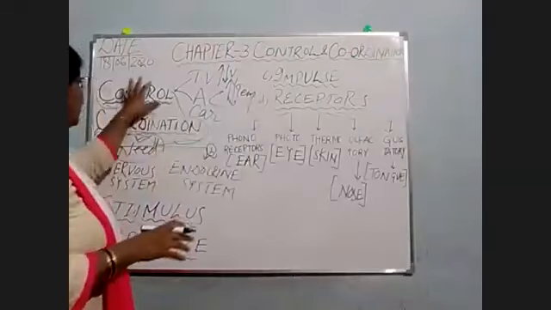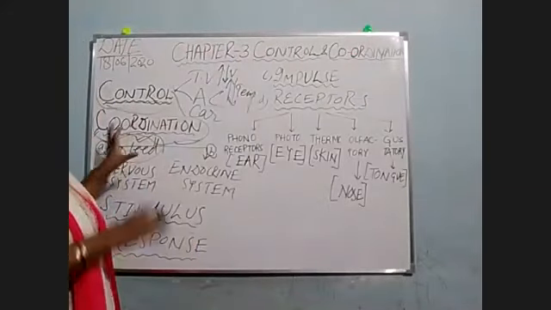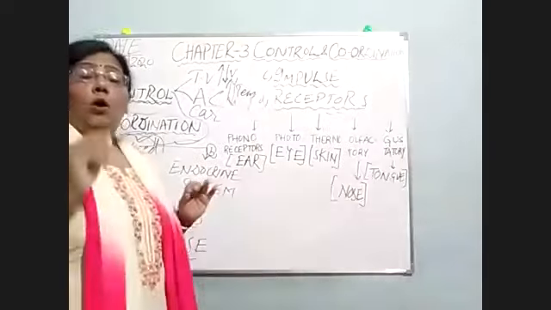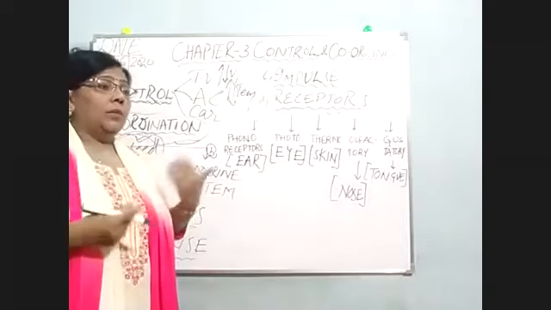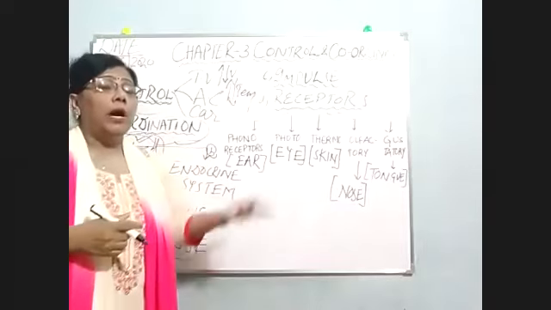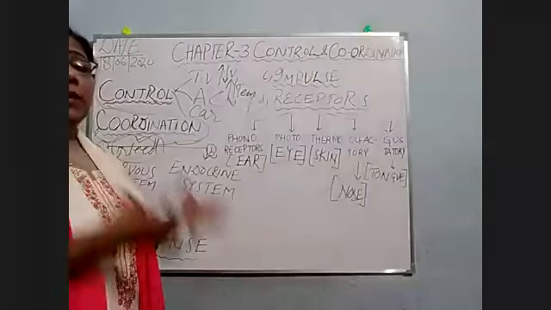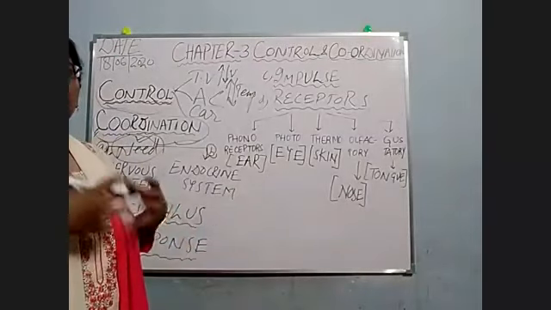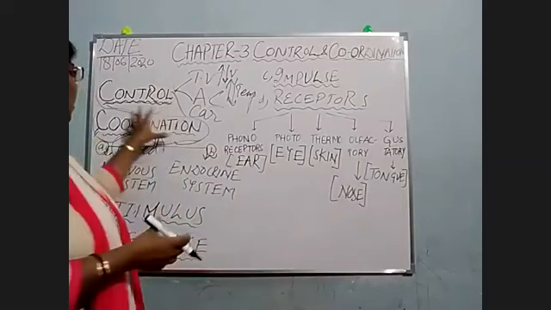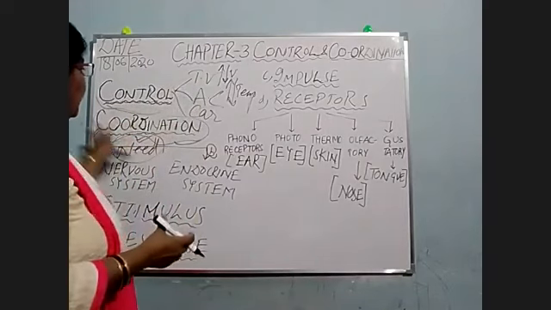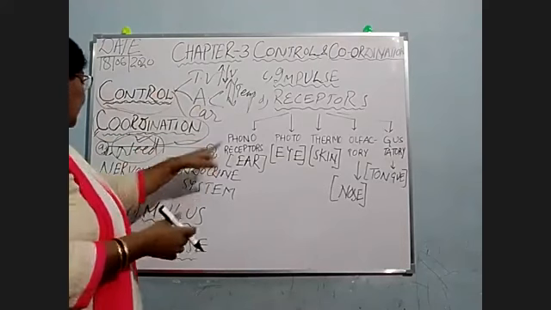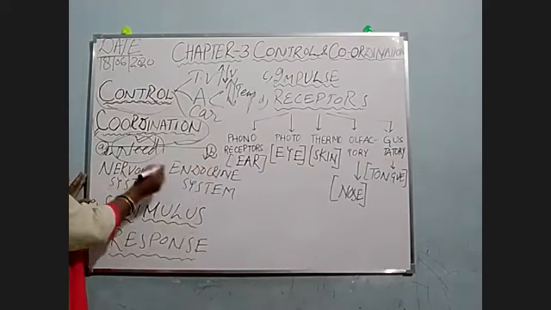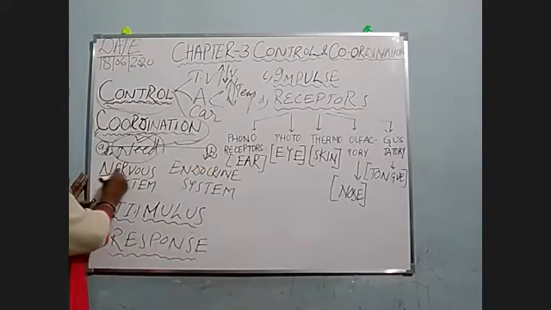So we need control and coordination for the smooth functioning of our body or among the different systems, for running, for walking, for dancing, for every work which we are doing. It is going in a perfect manner because of the control and coordination. So control and coordination in animals is taken care of by 2 methods.